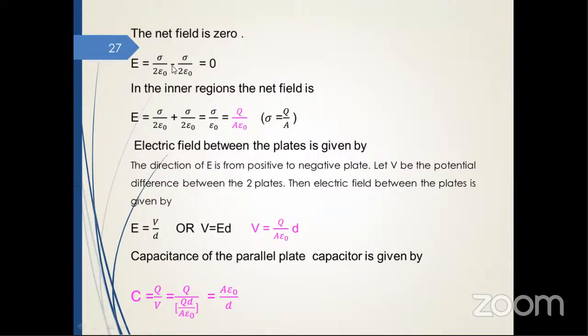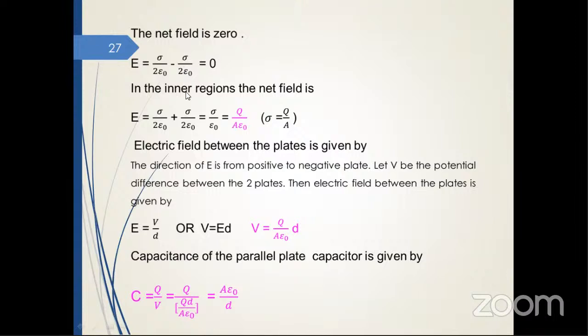That means E is equal to, we know the basics of this chapter, when we learned the applications of the Gauss theorem, for this type of structure E is equal to sigma divided by 2 epsilon naught, and again the same for the second plate.